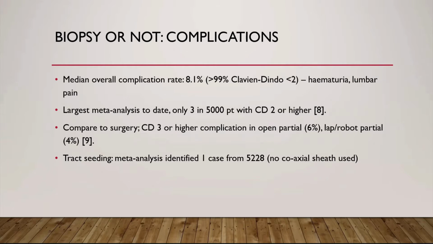So in terms of complications, whether we should biopsy or not, well, there was the largest meta-analysis to date. Only 3 out of 5,000 patients had a Clavien-Dindo score of 2 or higher.